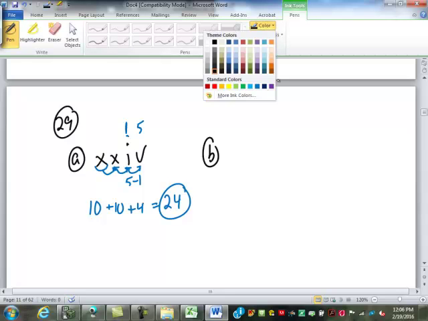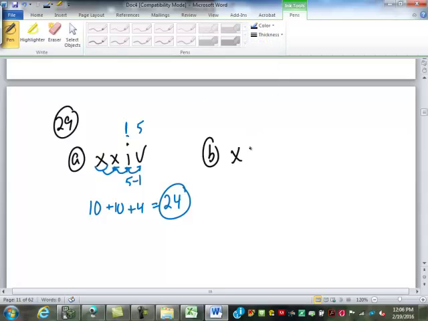B, we've got XCVII. X here stands for 10, but it's in front of the C, which stands for 100. So it's 100 minus 10, or 90. The V is 5. 1 and 1 makes 2. That adds up to 97.